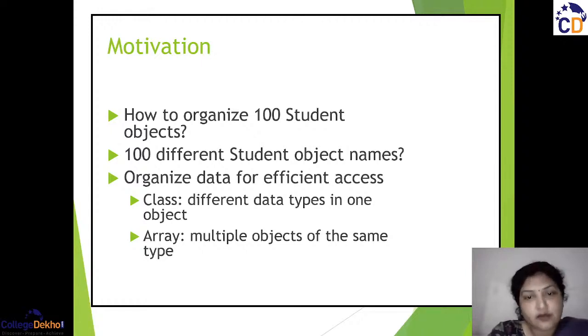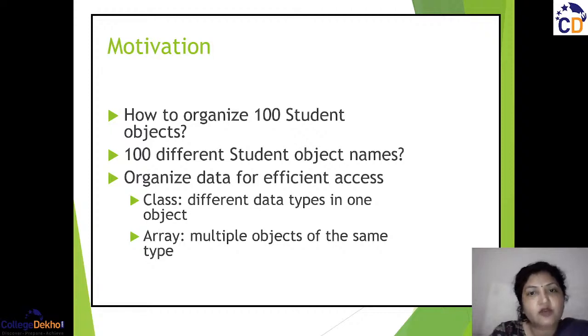You want some data structure which stores all the marks of these 100 students, and 100 different object names, right? Suppose there is one memory location where you have stored one student's details, and another memory location where you have stored another. How are you going to use them in future?